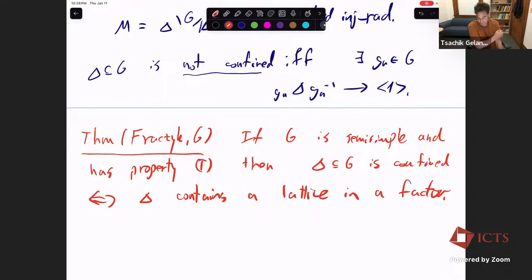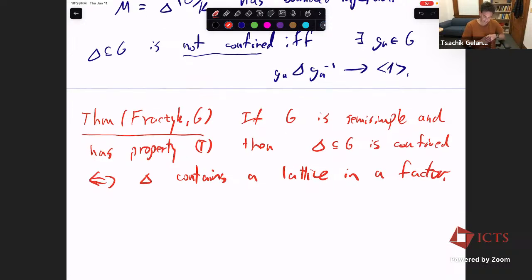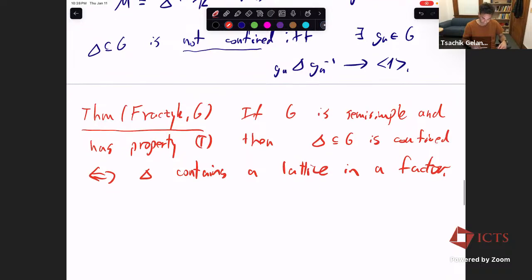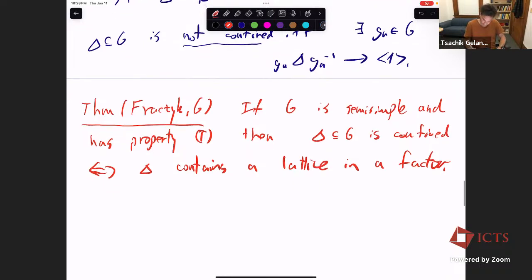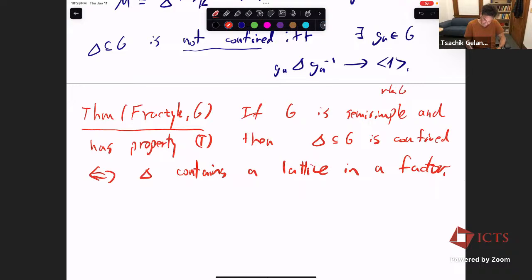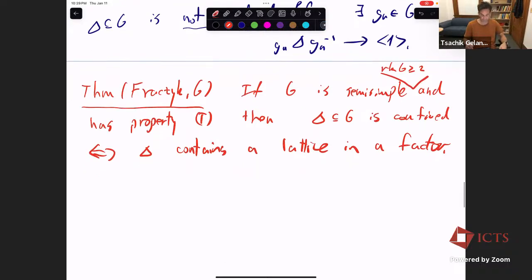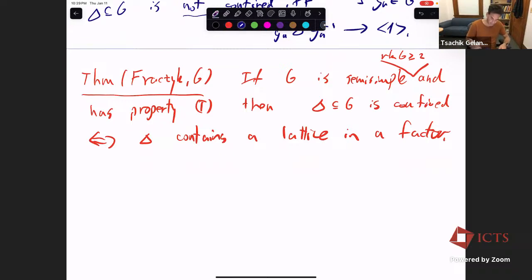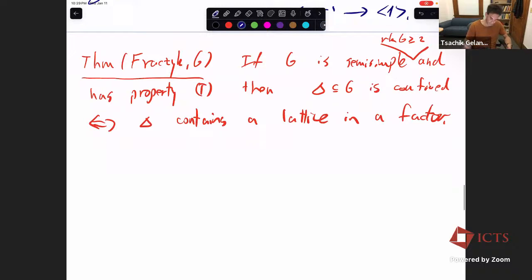But that's the only way to be confined in higher rank. G is semi-simple, sorry, and the rank of G is at least 2. It's not true in rank 1 because the normal subgroup theorem is not true, and this is an improvement of the normal subgroup theorem. It's a geometric version of the normal subgroup theorem.